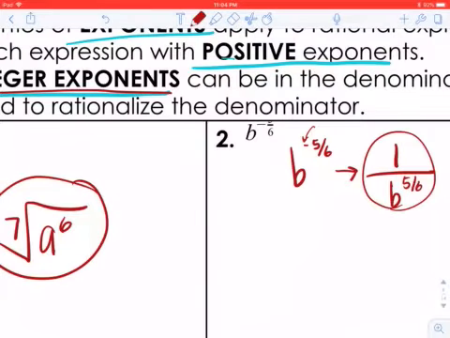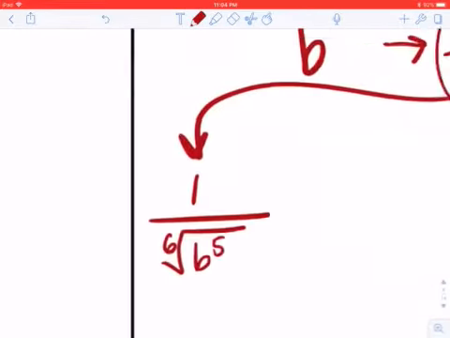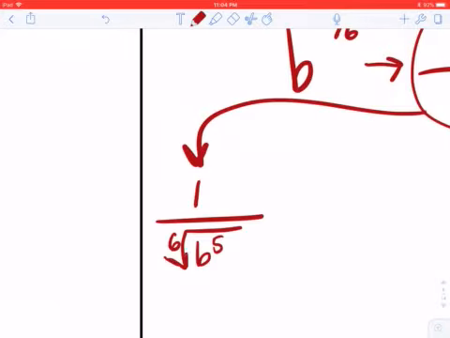So we have this one here. From there now, we can work with 1 over the 6th root of b to the 5th, right? Remember though that we can't leave a root sign in the denominator, so I'm going to multiply times itself, the 6th root of b to the 5th.